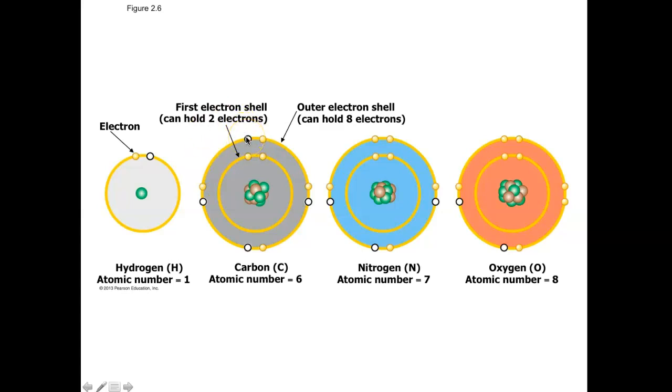Okay? So if you look at nitrogen, which has 7, so 7 protons, 7 electrons, 1, 2 in the innermost shell. The outermost then has 5, right? So here we have 1, 2, 3, 4, 5. So we have the 2-seater now with 2, and then we have an empty chair next to it. So we have 3 empty spots.